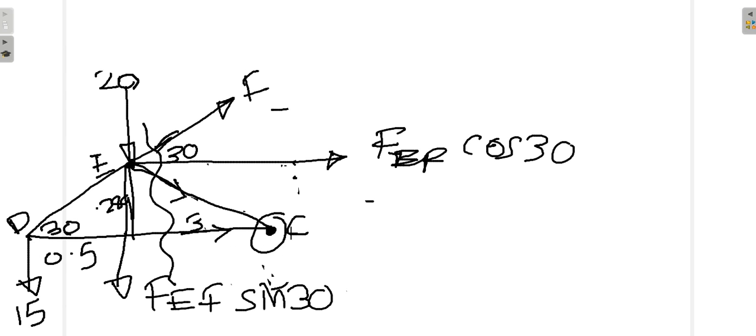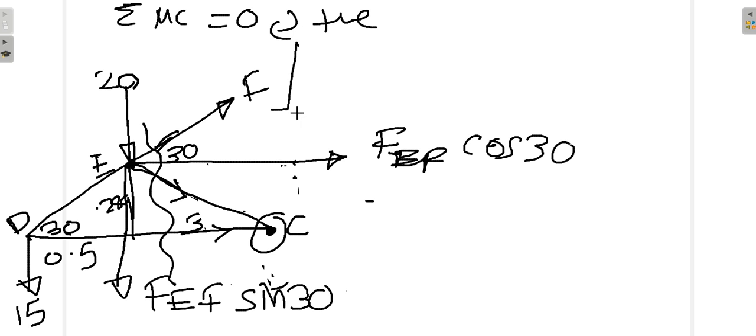So let us take moments about C with the convention of clockwise positive. FEF will have a clockwise moment, so it will be positive.